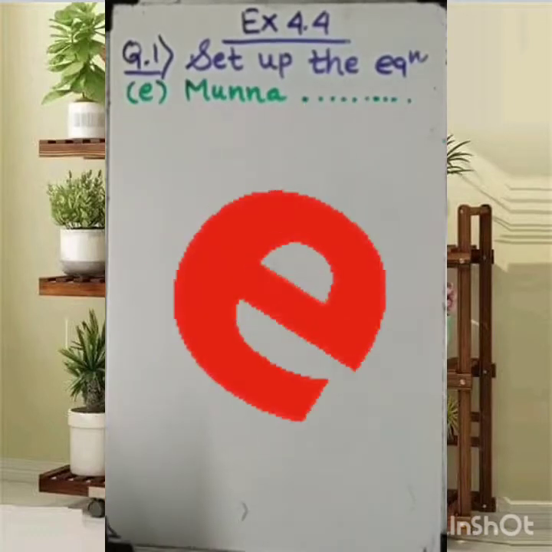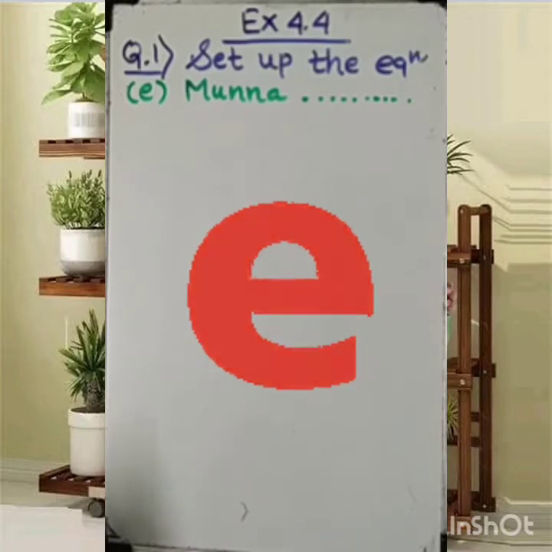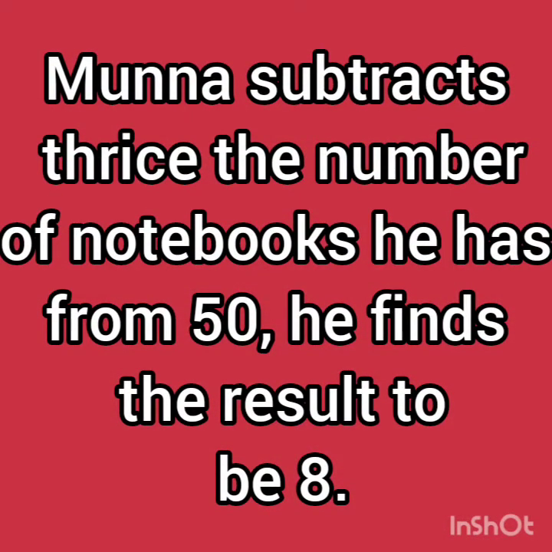So the question in E we are given: Munna subtracts thrice the number of notebooks he has from 50. He finds the result to be 8. My dear student, we do not know the number of notebooks.